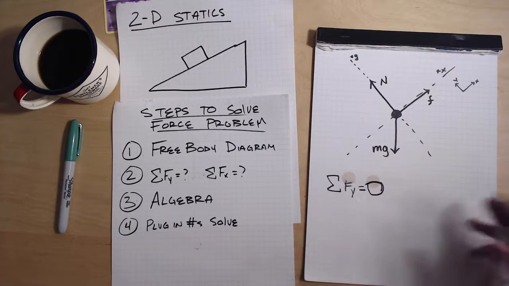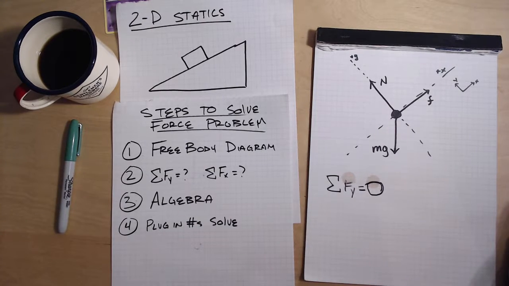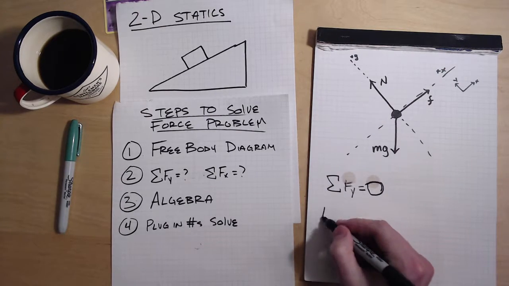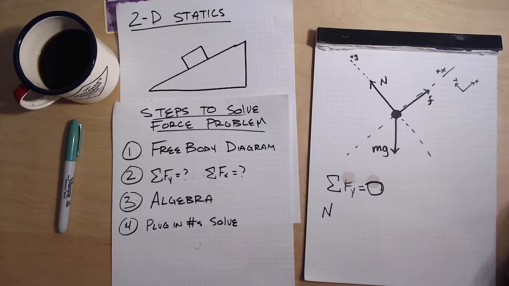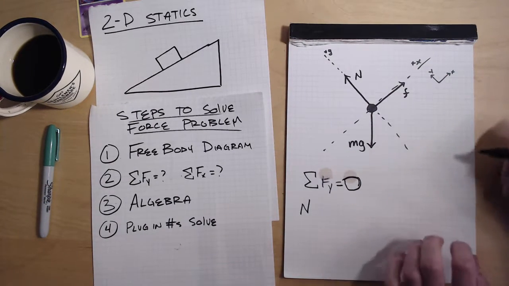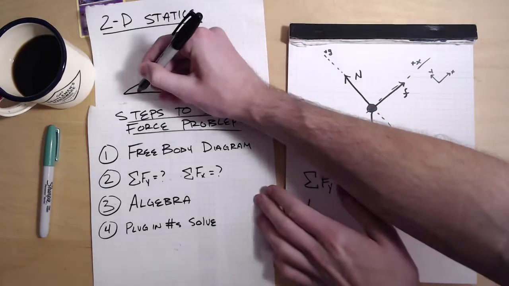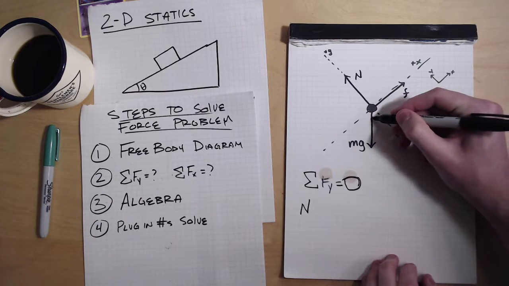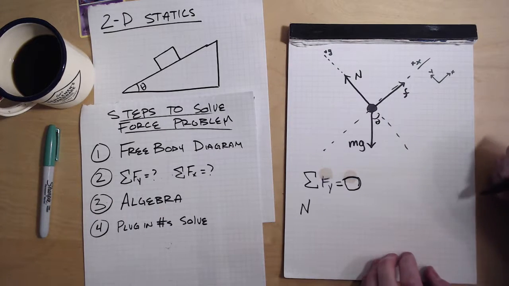So now we list off all of the forces that we have in the y direction. Well, we have the normal force going in the positive y, so we can leave that as a positive N. We have to come over here and break up this weight vector into its x and y components. So remember that if that's theta right there, that means that this angle is also theta.